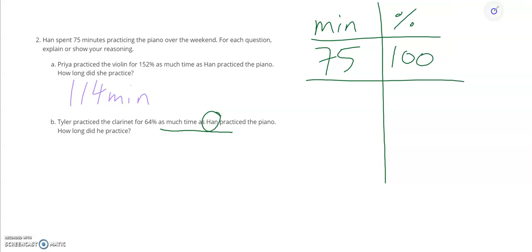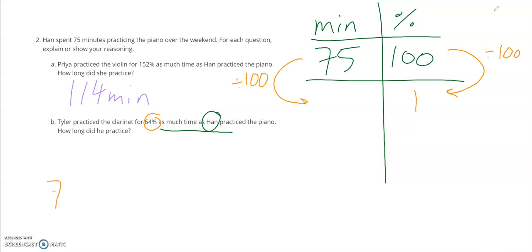We're trying to find 64% as much time. So we can find 1%. Remember that we find 1% by dividing anything by 100. If we have 100% and we break it up into 100 pieces, each piece is going to be 1%. So we divide 75 by 100.